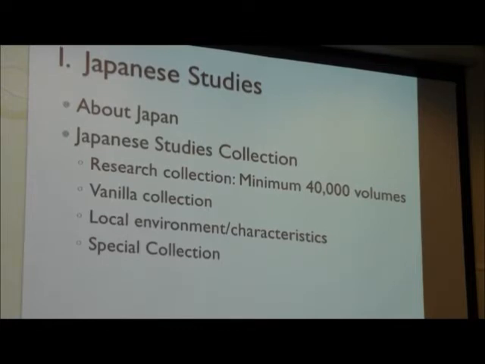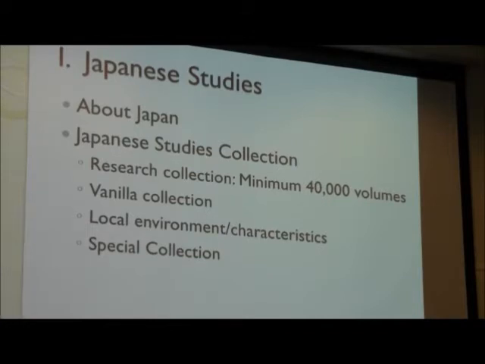That's my understanding. Okay. And for a Japanese studies collection, I started, as I said, at a smaller library. The first thing I learned is that to be a research collection, a minimum of 40,000 volumes is necessary. This was published as part of a presentation Professor Hawaii gave at the International Council of Japan, and I asked her who the source was, and she also took it from someone else.